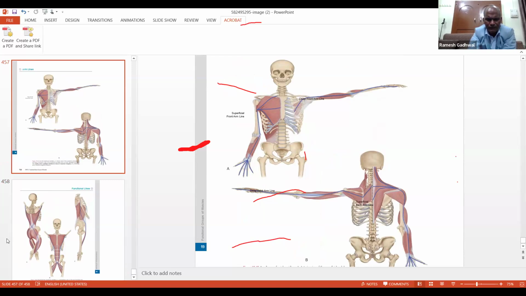Then latissimus dorsi is coming here. Like this. It is joining.